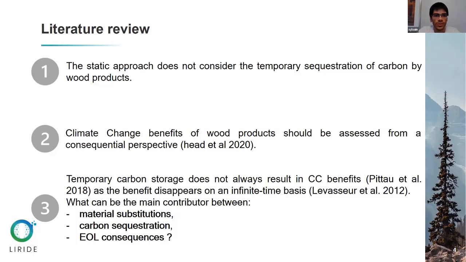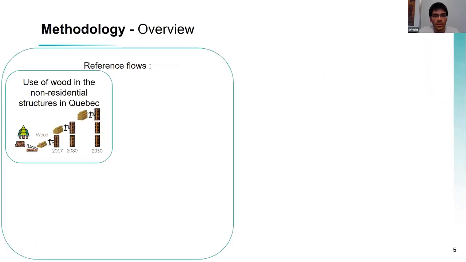So what can be the main contributor between material substitution, carbon sequestration, and end-of-life sequestration? First, in the next slide, we have to estimate the amount of wood that can be used in the non-residential structure. Why non-residential structure?